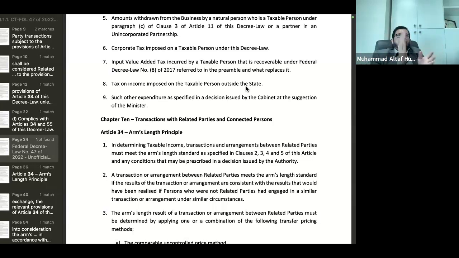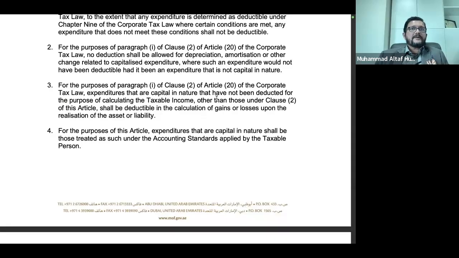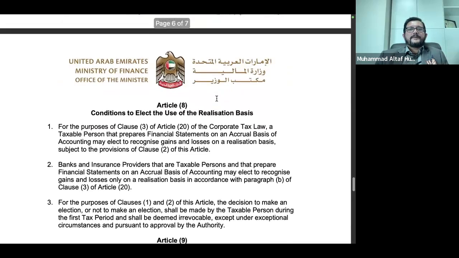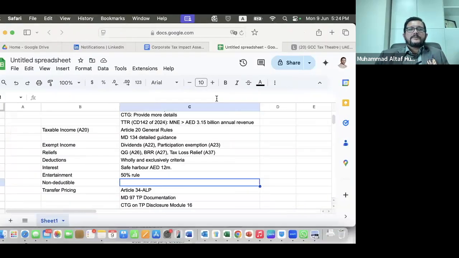It's like a Chinese wall between foreign operations and domestic operations. So what else? Such other expenditure as specified in a decision issued by the cabinet at the suggestion of the minister. Okay, so there will be a decision again for non-deductible expenditure. So disallowed expenditure has been addressed in Article 7 of MD 134. Okay, fine. Coming back, what else is remaining?